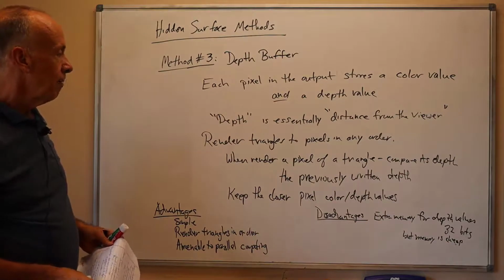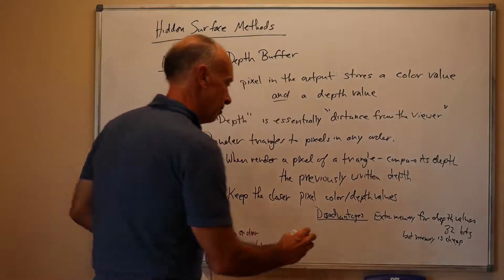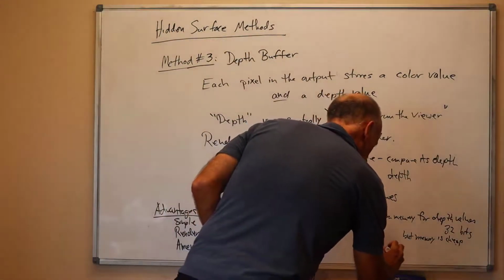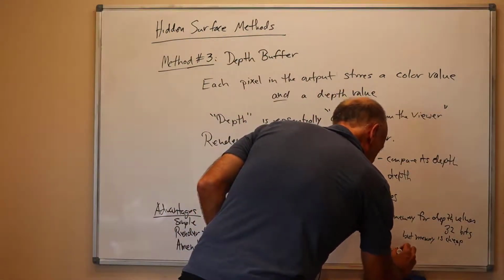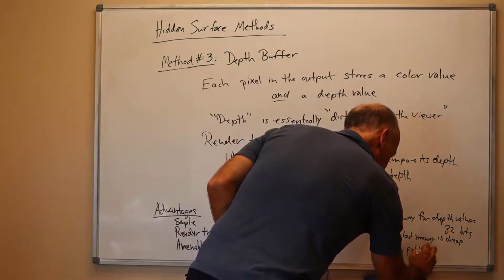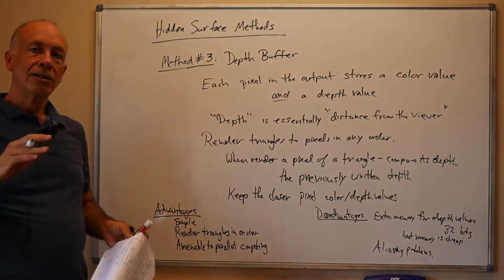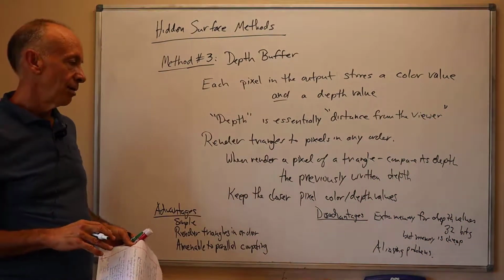We also have inherent in this, but actually any transfer to pixels, what's known as aliasing problems. Aliasing problems we'll talk about later on. It's any time we're converting from some analog or perfectly smooth process to a digital process, or discrete process.